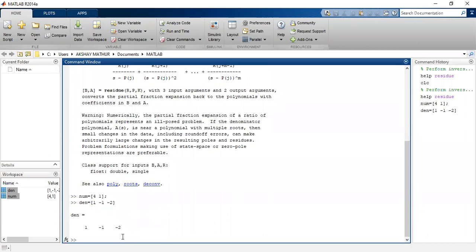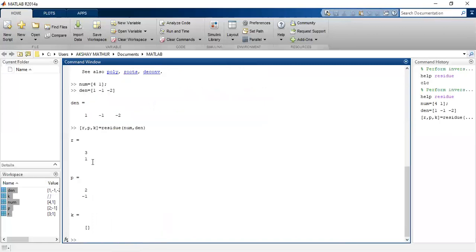Next we write the syntax given in the residue help, which is [r, p, k], with r the residue, p the poles and k the constant, equal to the residue command. In round brackets, I write numerator num, comma, denominator den, and then enter.